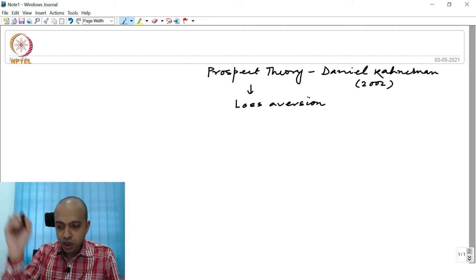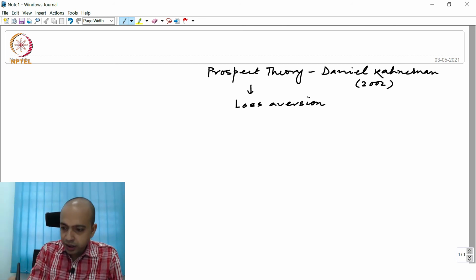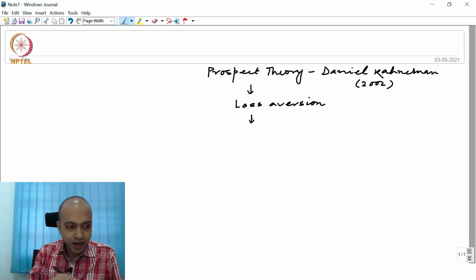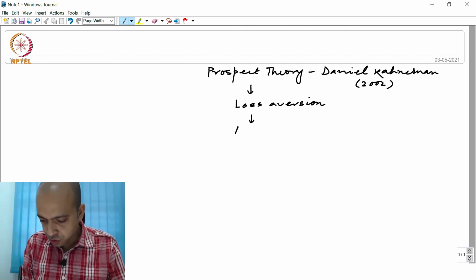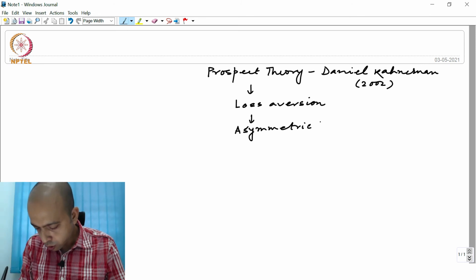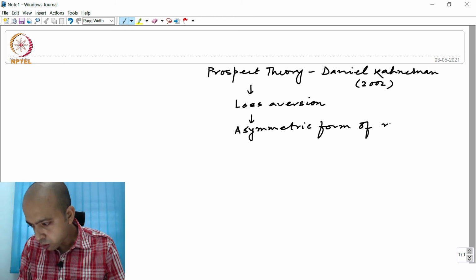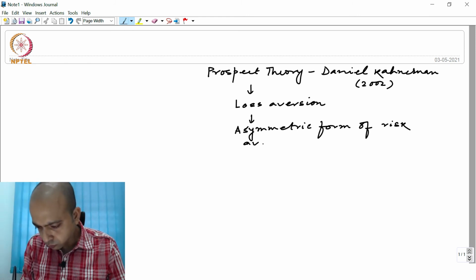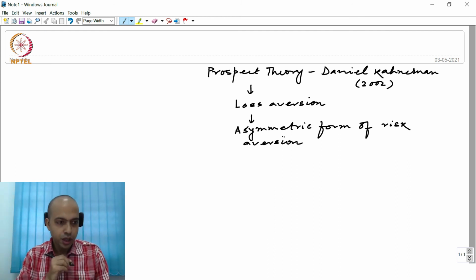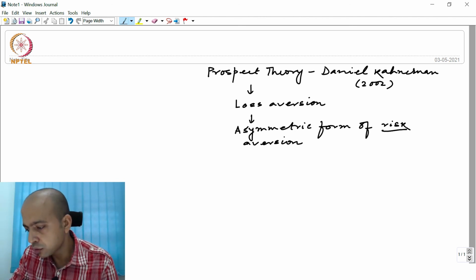Loss aversion is a type of asymmetric form of risk aversion.